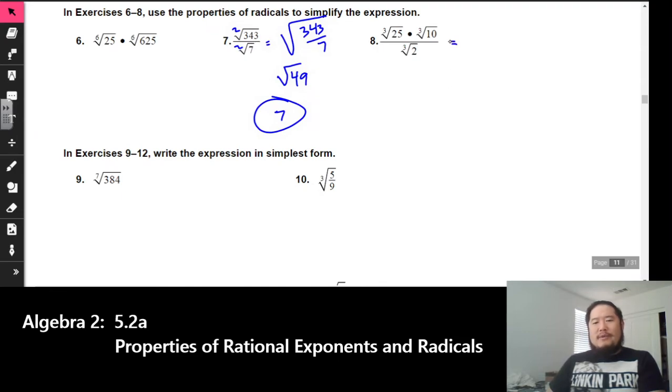Let's see what we can do with number 8. Instead of trying to split things apart, we might be able to combine things together, make things a little bit easier. Look, the index is the same on our numerator. So how about let's do 25 times 10, which is 250.